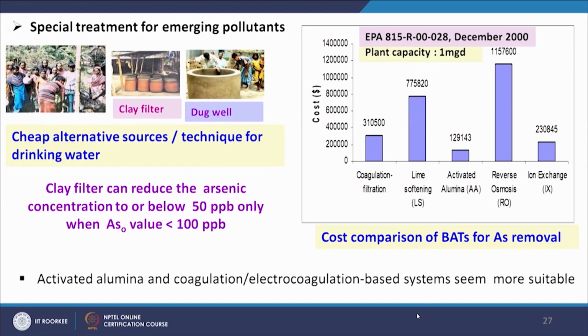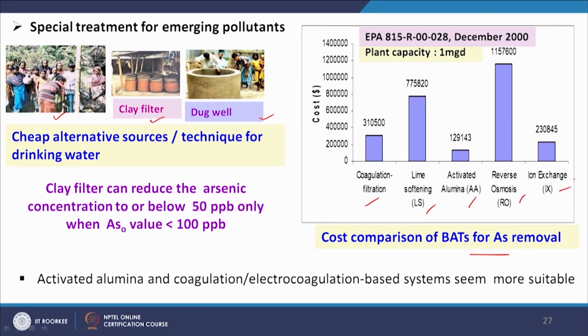and if we see the literature, for arsenic and fluoride removal, in India people opt for different low cost technologies, but these technologies are not that efficient. The best available technologies as per EPA are coagulation and lime softening, activated alumina, reverse osmosis and ion exchange.